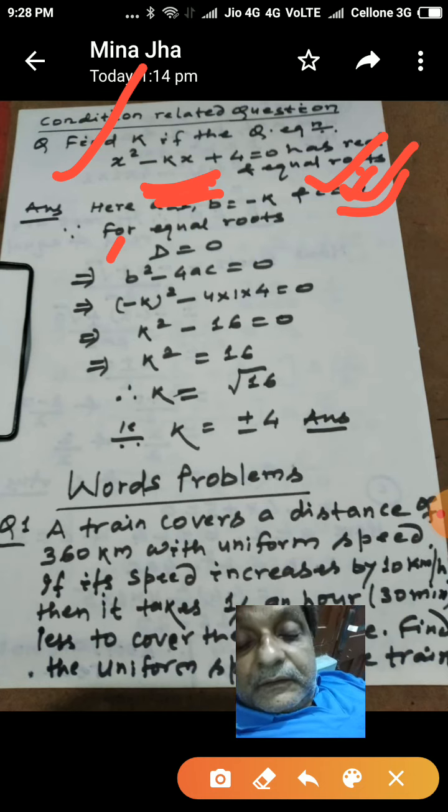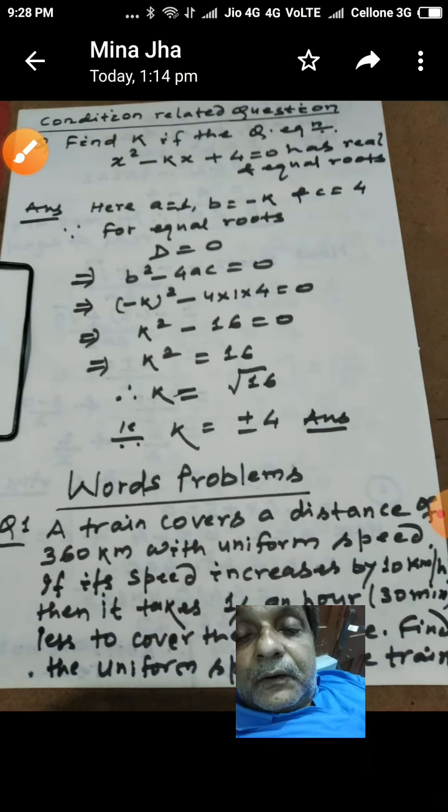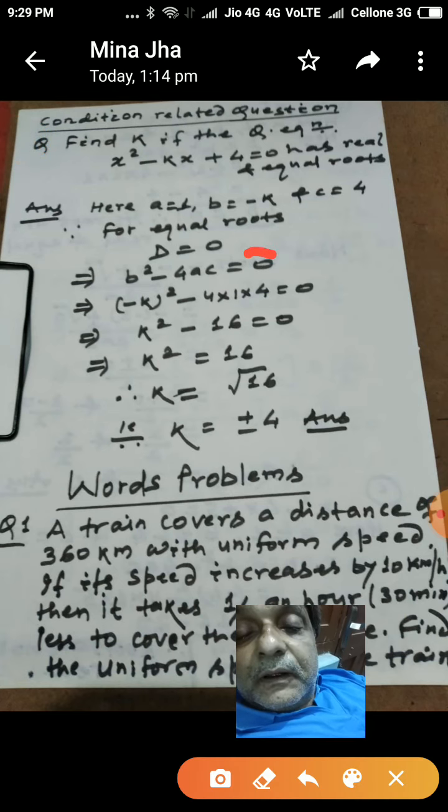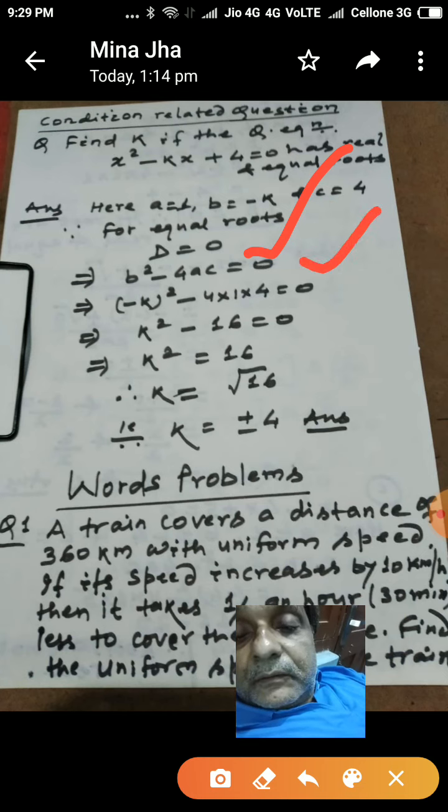So the answer is like this: we know that for real and equal roots, D must be equal to 0. So we write D equal to 0, which implies that b square minus 4ac should be 0.